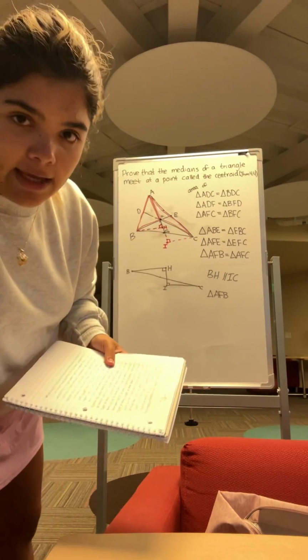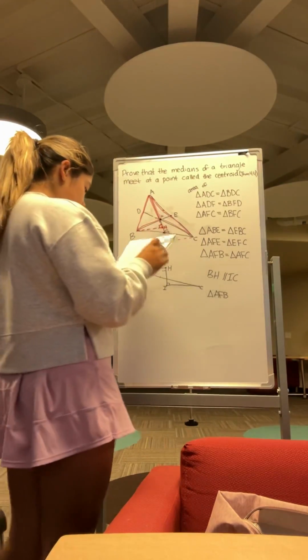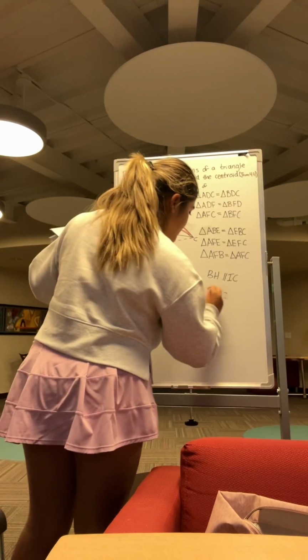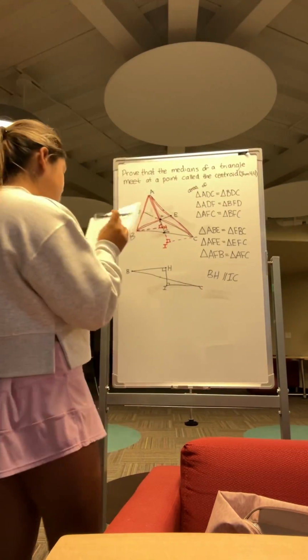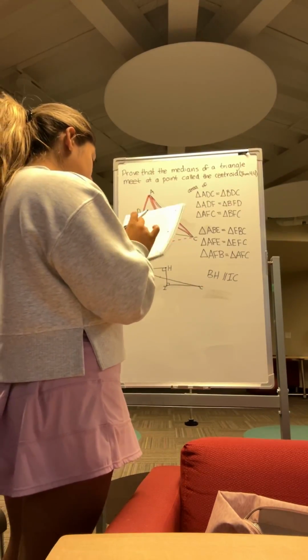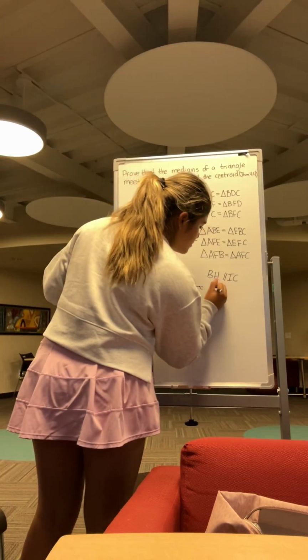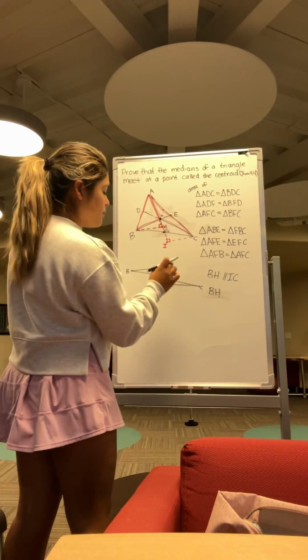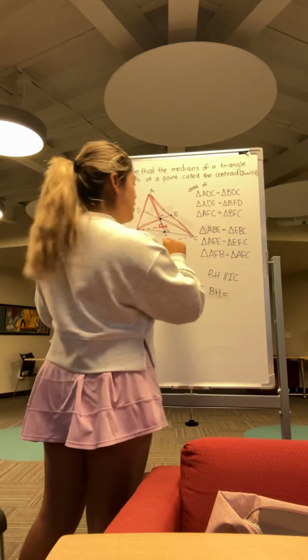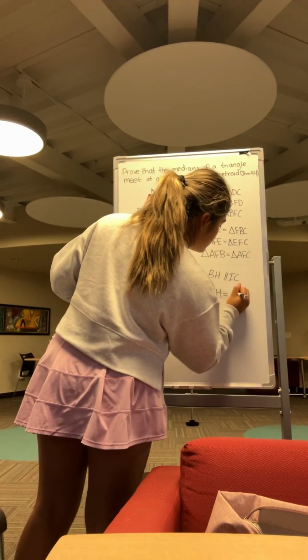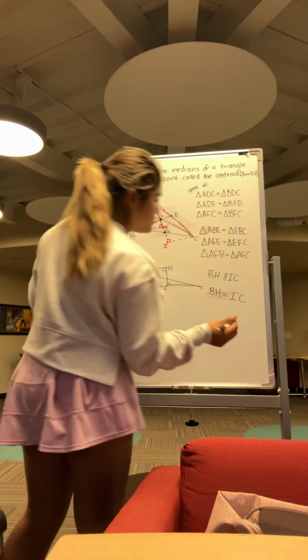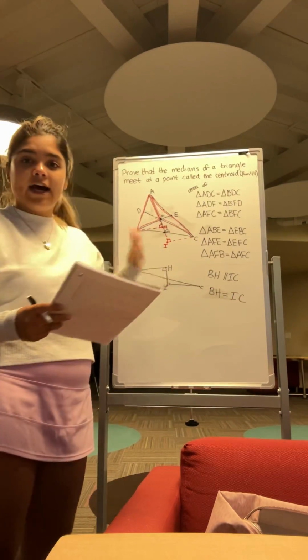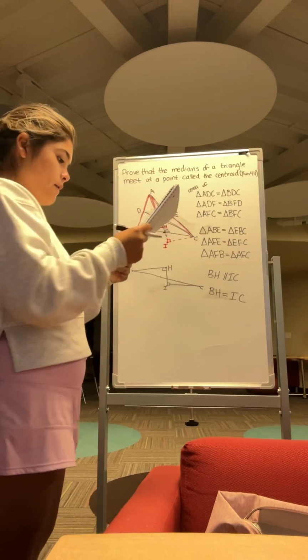Then what we can say is that BH equals IC. So the heights equal each other.